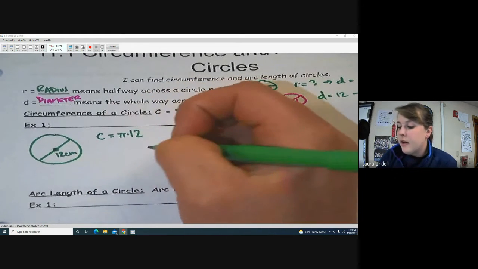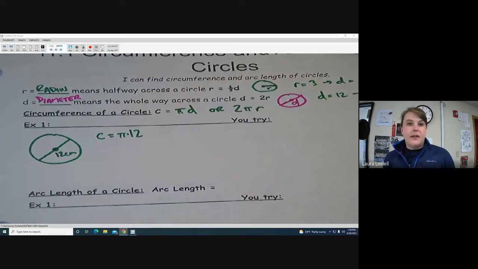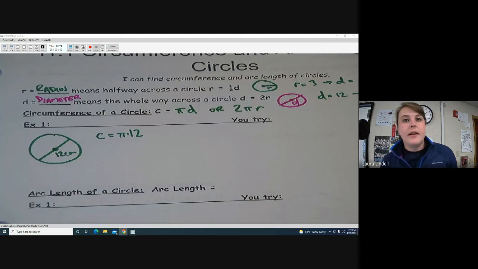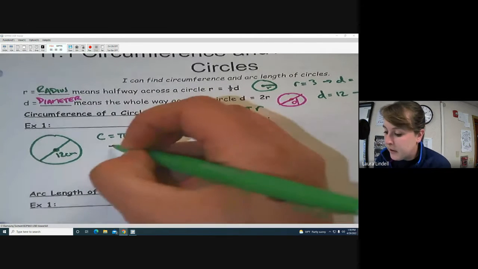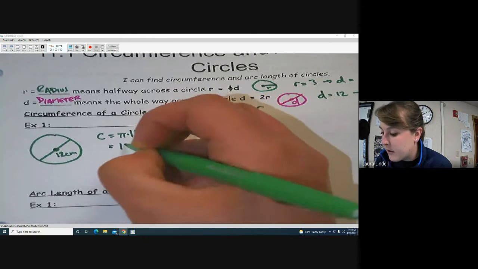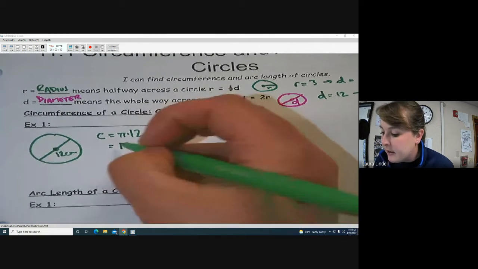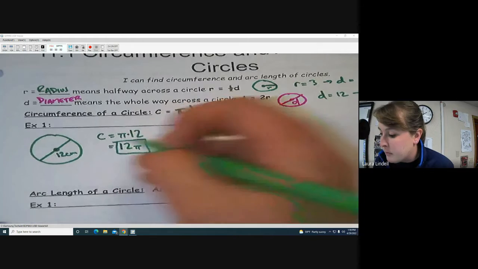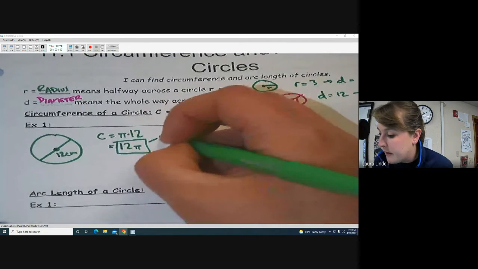And then there's 2 ways you can write your answer when you're working with pi. You can write it in exact form, or you can write it as a decimal approximation. So the exact form way means that I'm just going to reverse these two numbers and write 12 pi and leave it that way. This is one possible answer, and it's considered exact form.